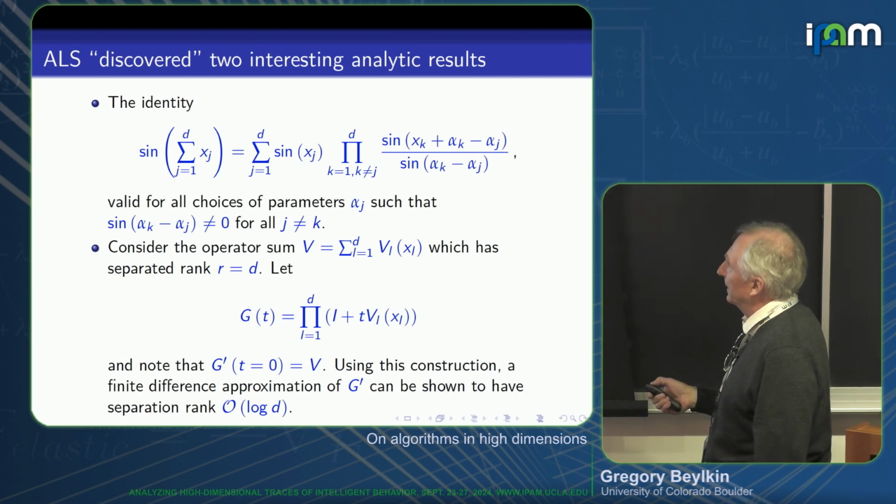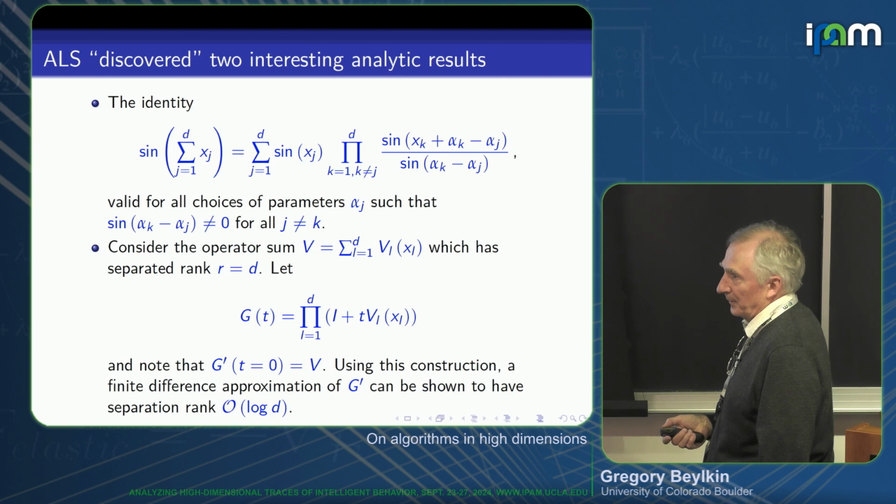You cannot make it with sin of k x_k, because if you make this 0, you divide by 0. So you have to have the shifts in order for this identity to hold, but the algorithm found it.